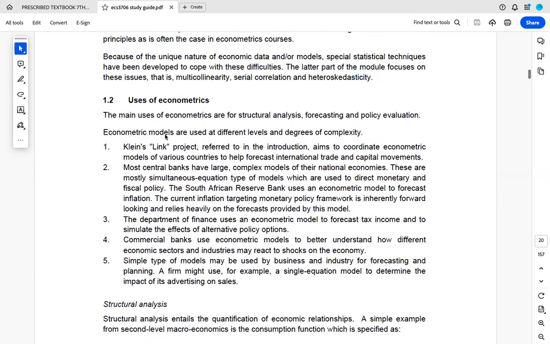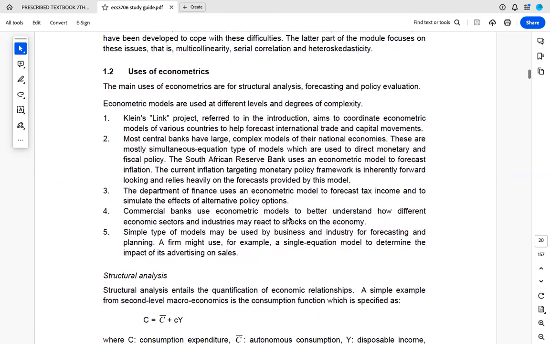So yeah, just some examples of econometric models that are used in real life. You can just read up on this. Even the central bank, the South African Central Bank, uses an econometric model to forecast inflation. The Department of Finance uses an econometric model to forecast tax income. Commercial banks use econometric models to better understand how different economic sectors and industries might react to economic shocks.